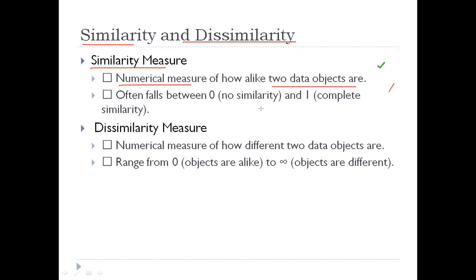We are going to measure the similarity of the given two objects. Sometimes both may be the same.